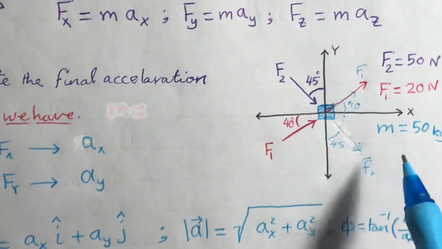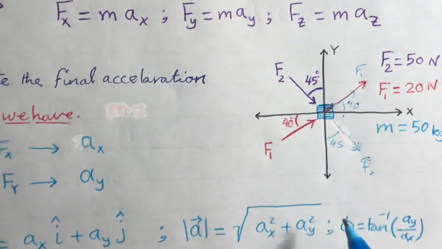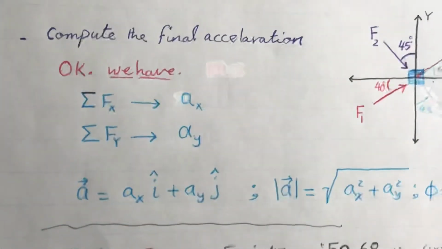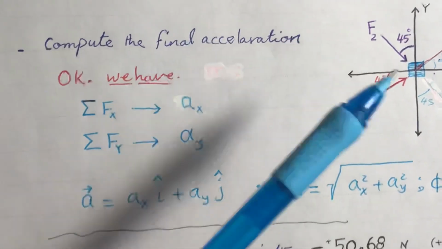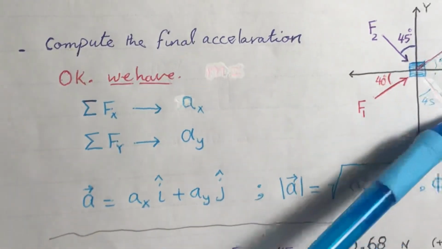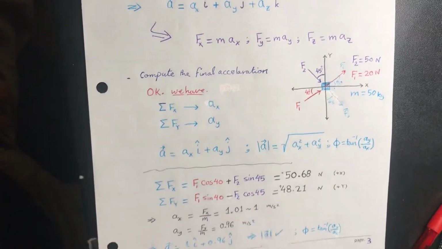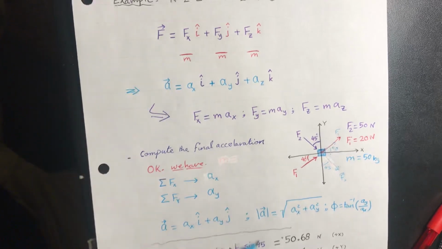We have an x component for each one of them and a y component for each one of them. We need to find the acceleration in x direction and the acceleration in y direction. We know the forces, we know the mass. It should be easy to find the acceleration from the two vectors and the mass.